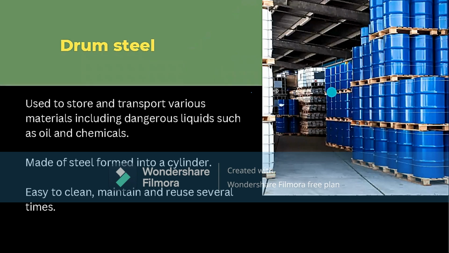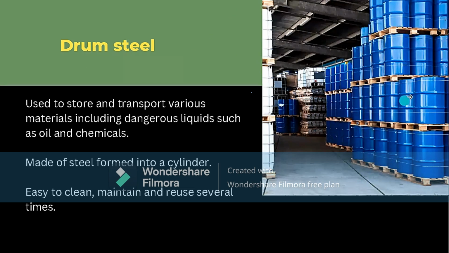Next, we have the steel drum. Steel drum is a type of cargo packaging that can be used to store and transport material, including dangerous liquids such as oil and chemicals. It is usually made of steel and formed into a cylinder.